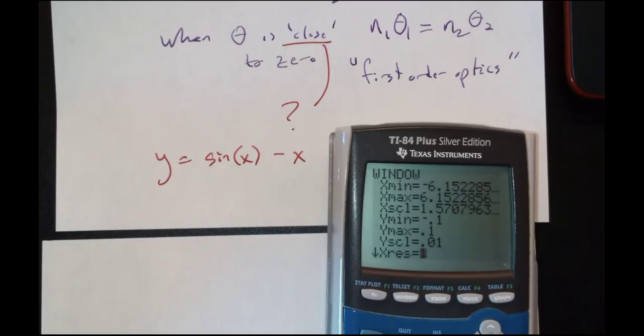And I'm pretty sure I don't need to go all the way out to negative 2 pi and all the way out to 2 pi. I'm really only looking at angles that are less than 90 degrees. So let's make our x's go from minus pi over 2 to pi over 2.